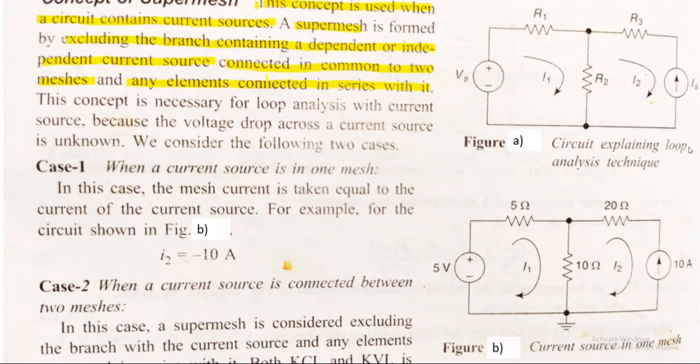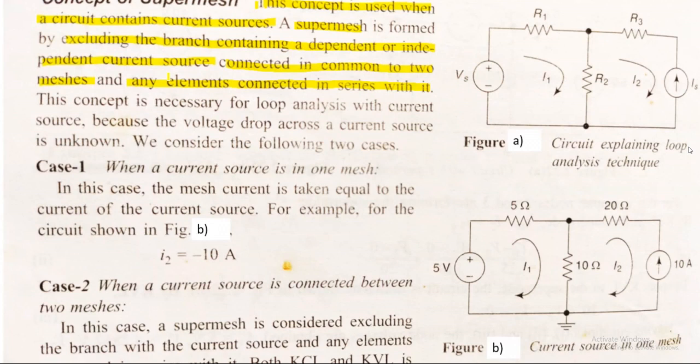That means if a branch contains a current source, or a current source along with some series circuit element, it may be a resistor, inductor, capacitor, whatever, that particular branch is excluded during analysis, and excluding that branch, what we form is called a supermesh.